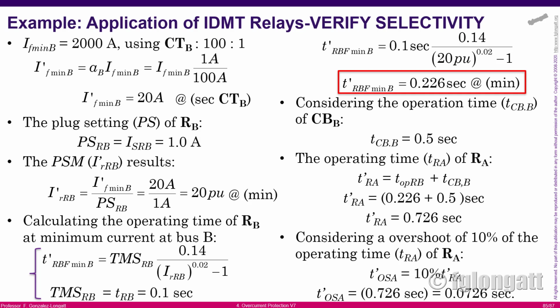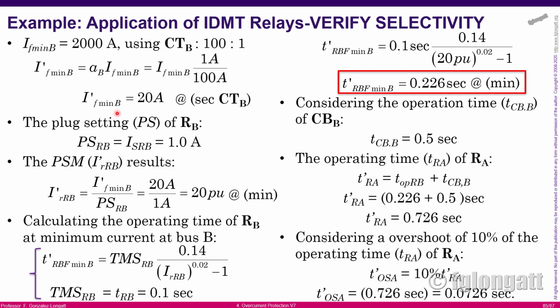And right now, what we will do is use the minimum short circuit current at bus bar B. And using the minimum short circuit current at bus bar B, we can use the transformer ratio 100 to 1. And using the current transformer ratio, we obtain that in the secondary we will have 20 amps.